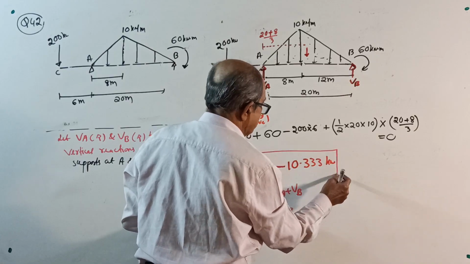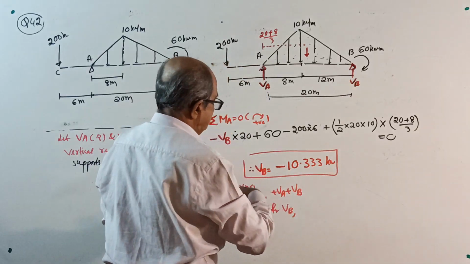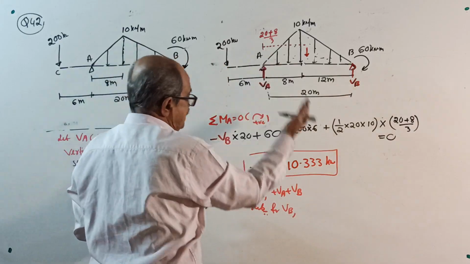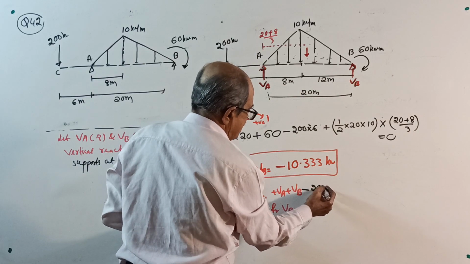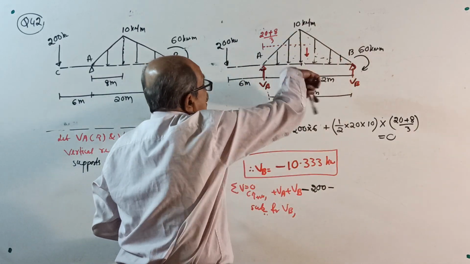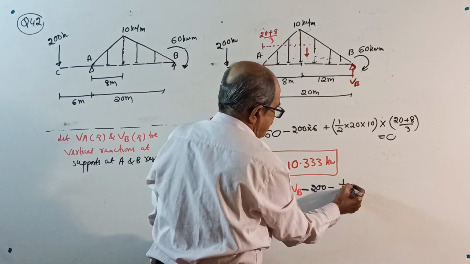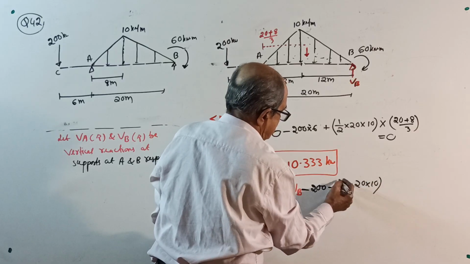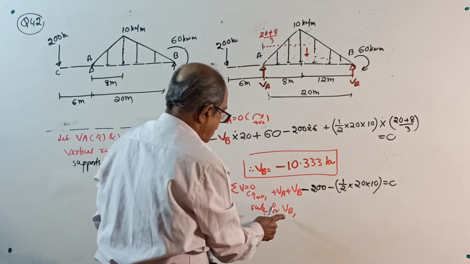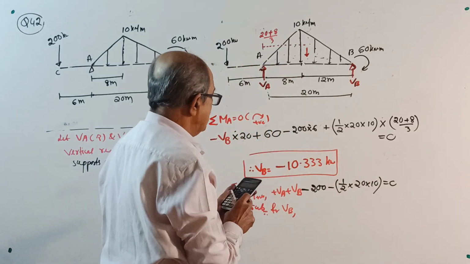Usually I avoid decimals. Now sigma V equals 0, upward positive: plus VA plus VB minus 200 minus this total load, half into 20 into 10, equal to 0. Substitute VB equal to minus 10.333.